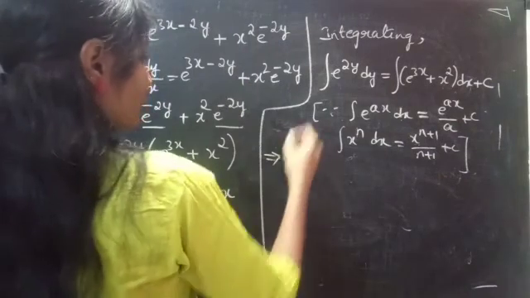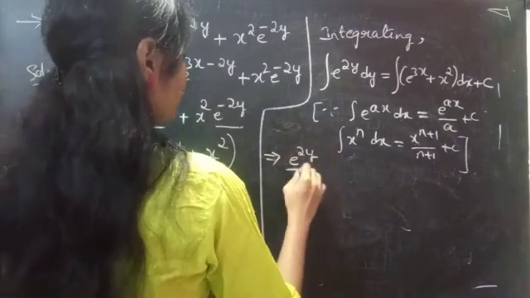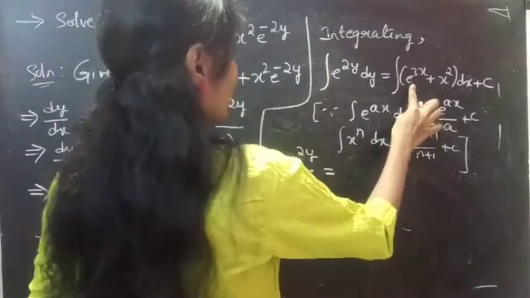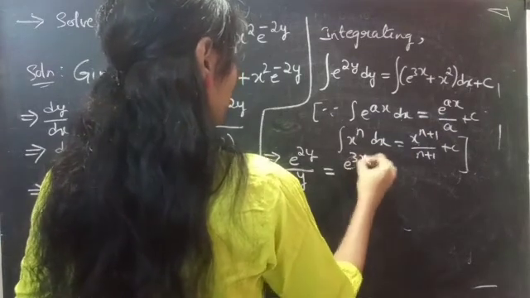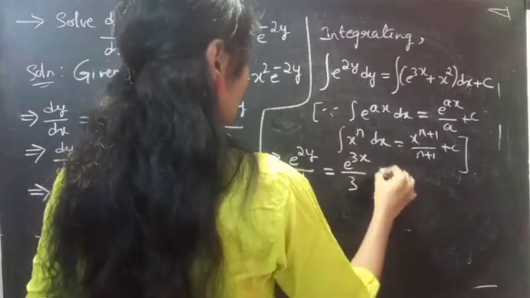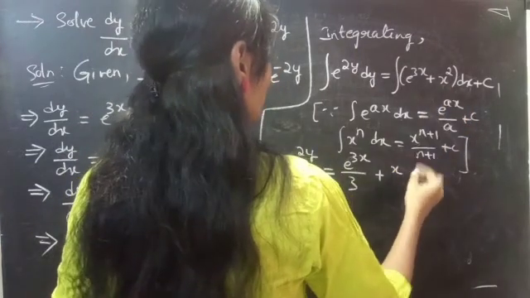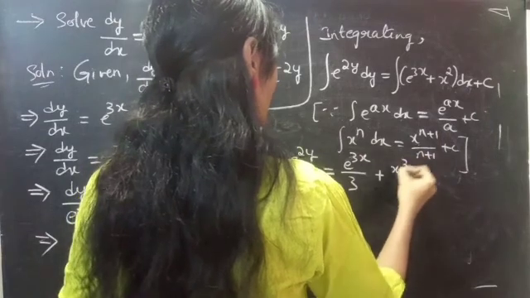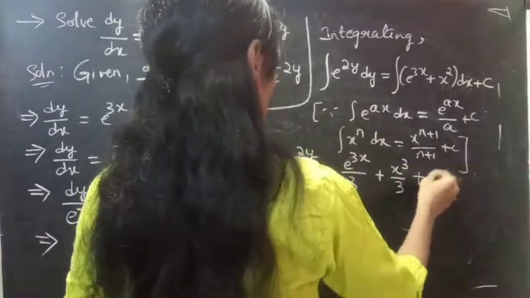So this implies e power 2y by 2 equals, integral e power 3x is e power 3x by 3, plus integral x square is x power 2 plus 1 by 2 plus 1, that is x cube by 3, plus constant.